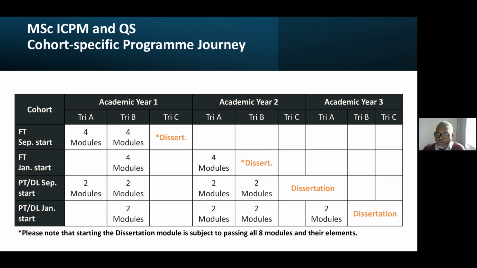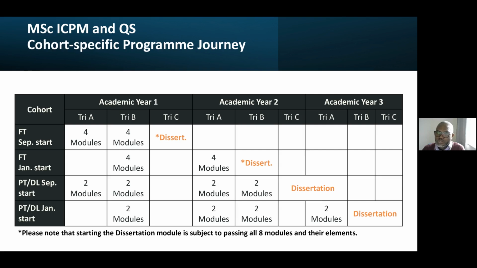The difference, however, is that for full-time students, they do 4 taught modules per trimester. Part-time students do 2 taught modules per trimester. And when they come to the point of completing their dissertations, they have 2 trimesters to complete it.